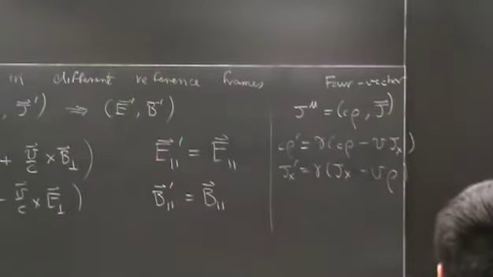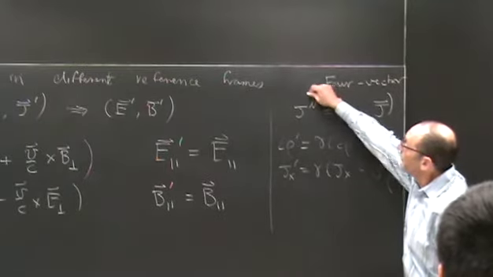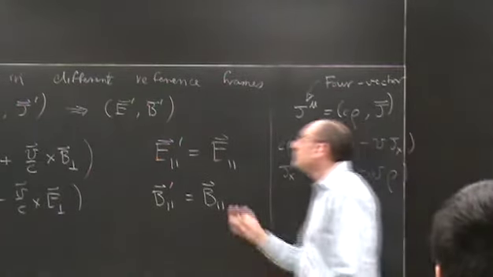So the transformation of the sources is equivalent to the transformation of space and time, and so together they form a 4-vector.